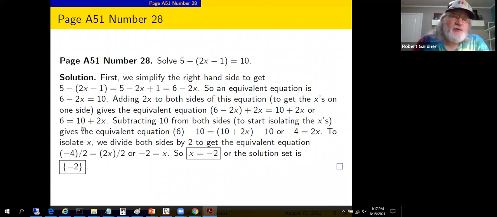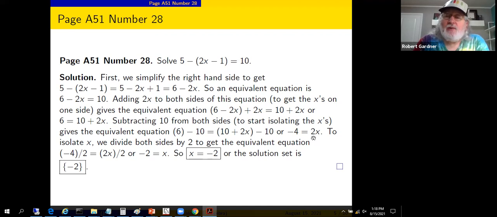You know, we also could have said, take this 10 to the left-hand side and make it negative. Then we get 6 minus 10, which is negative 4. On the right-hand side, we'd just be left with a 2x. That idea of moving things under addition or subtraction from one side of the equation to the other and changing their sign. So we're down to here.